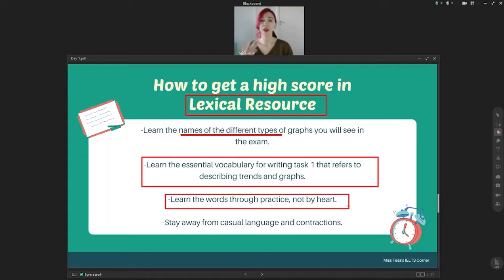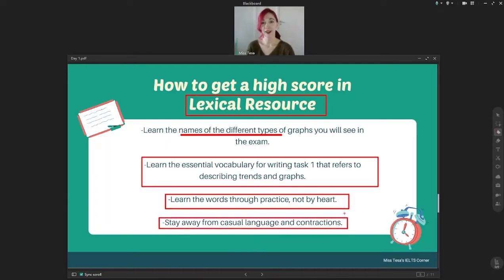And when you learn it by practice, it will be much easier for you to remember it, instead of just sitting down one day and learning 20 words, and then the next time you sit down to write, you don't know anything, right? So I do suggest practicing instead of learning by heart.